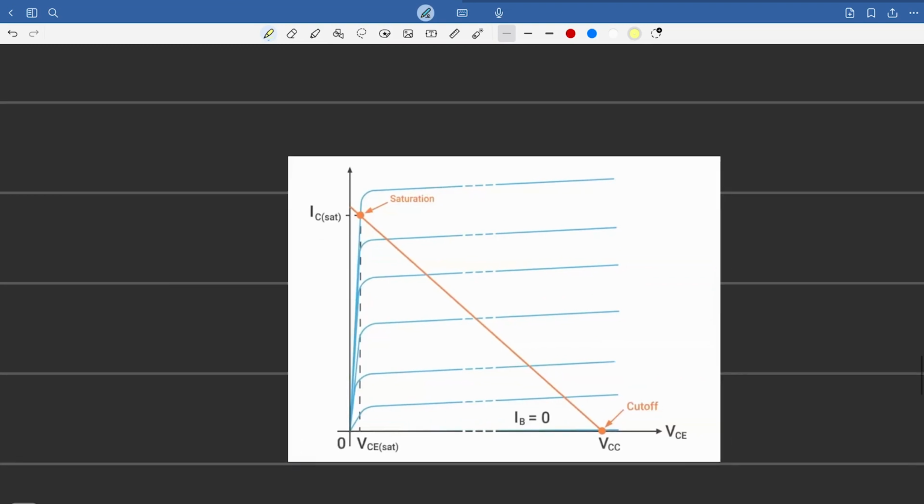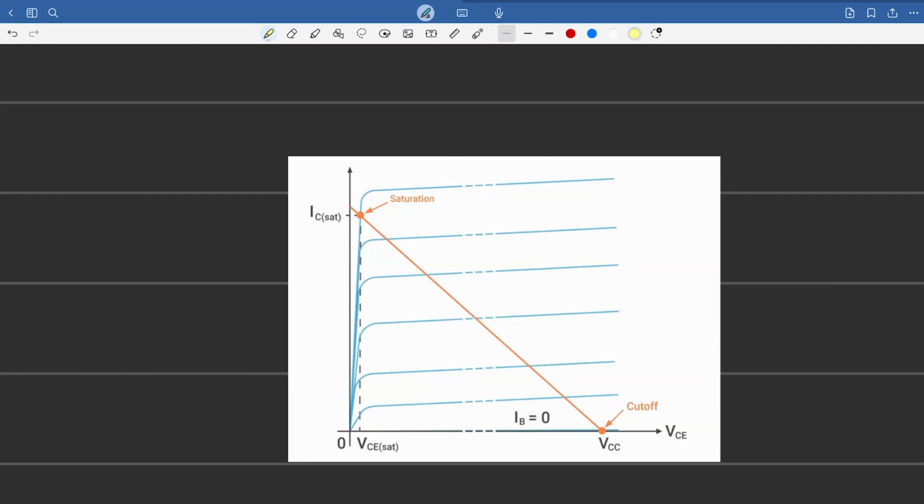Over here, from this point to this point, this line is basically the active region, where we can see that by causing the base current to increase, the collector current increases by a factor of beta.